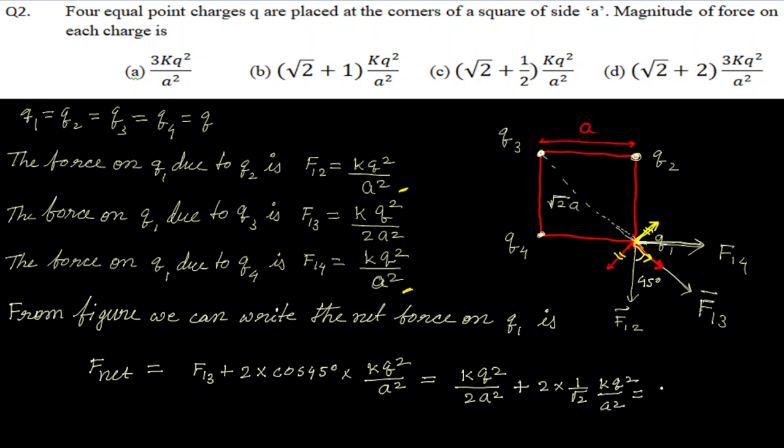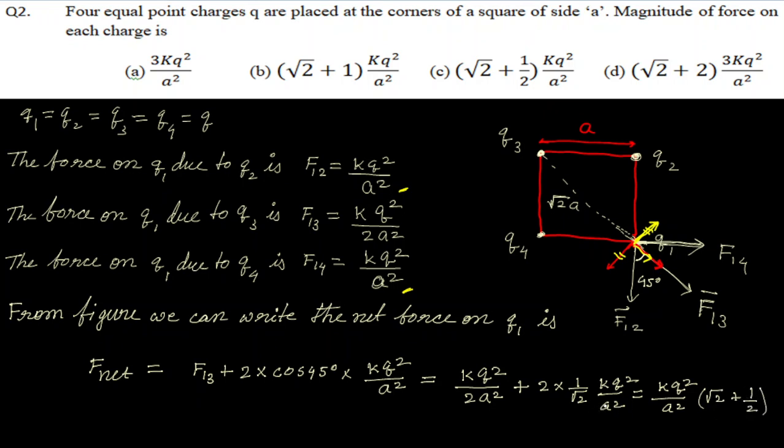So if you take K Q square by A square common, then we'll get root 2 plus 1 by 2.